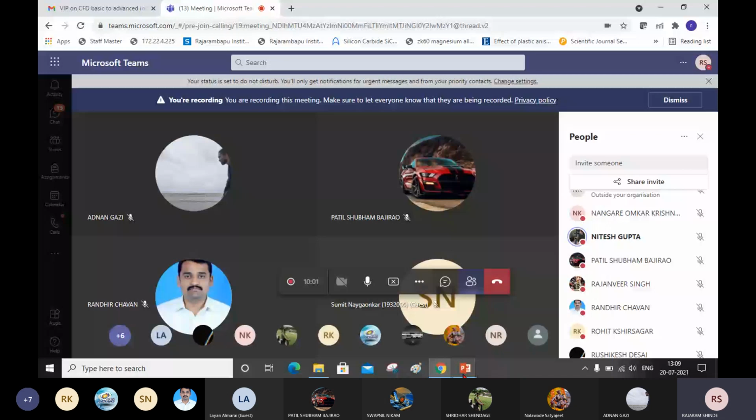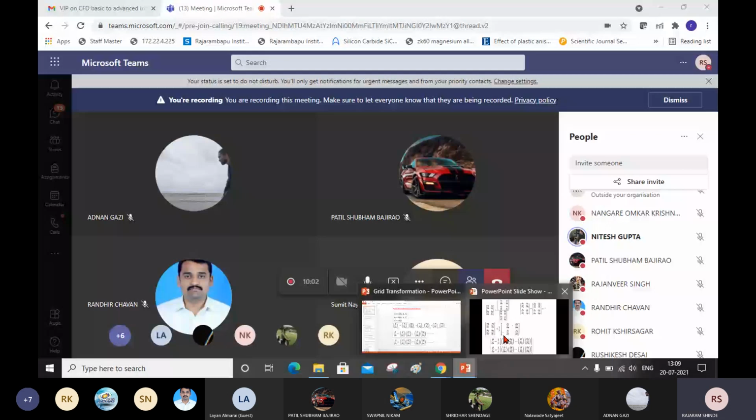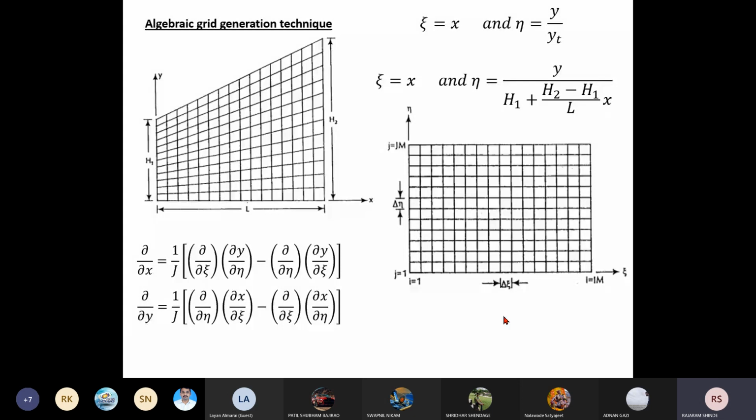Now, next one, algebraic grid transformation, or grid generation technique, we can say. It is the simplest form of transformation technique, that is the algebraic method. The major advantage of this scheme is speed.